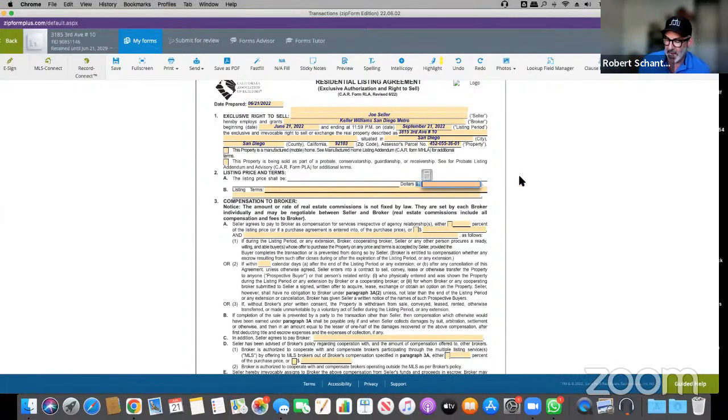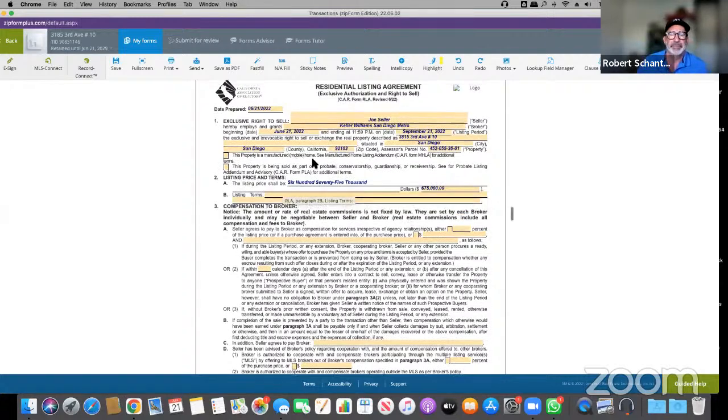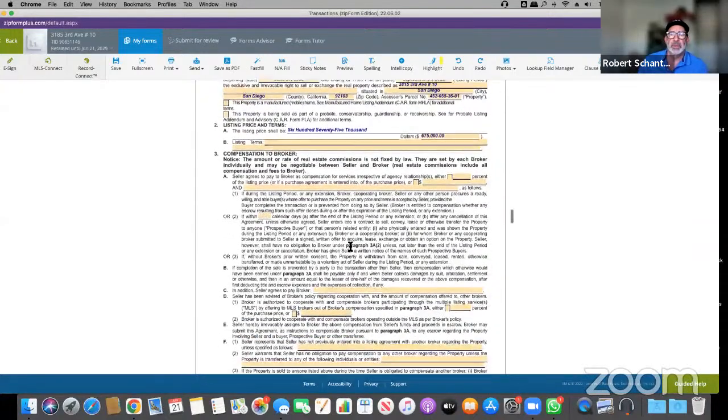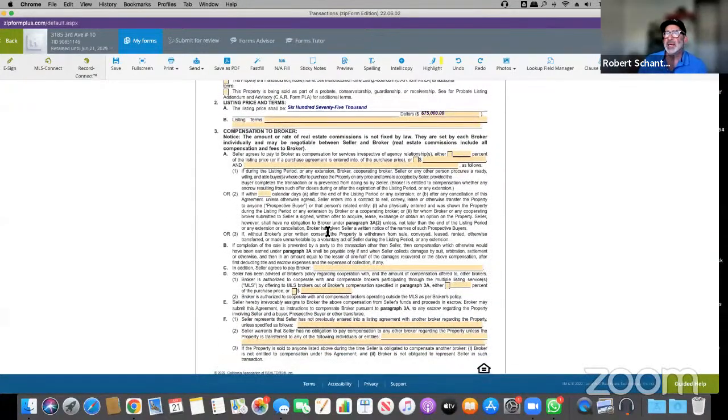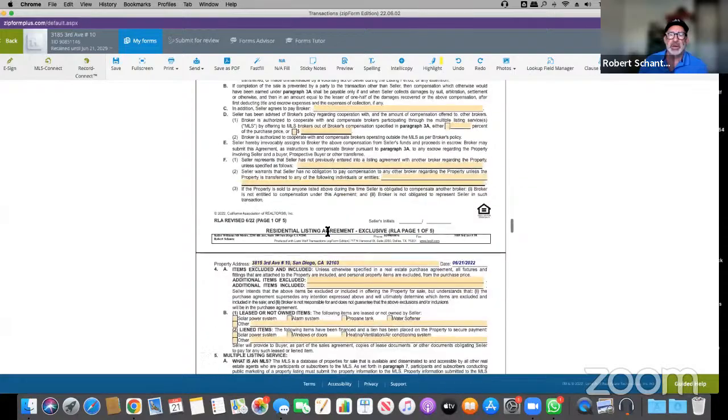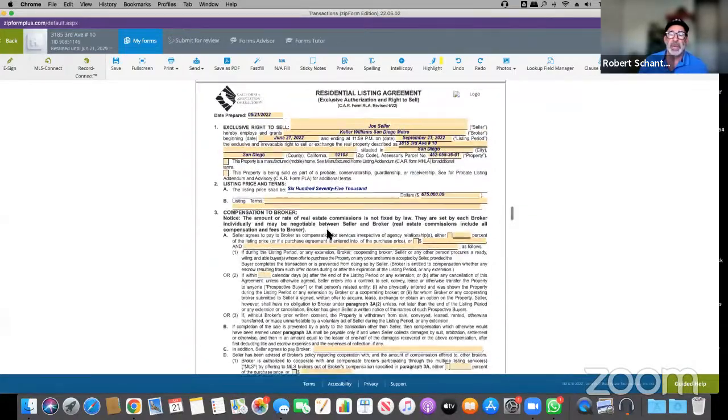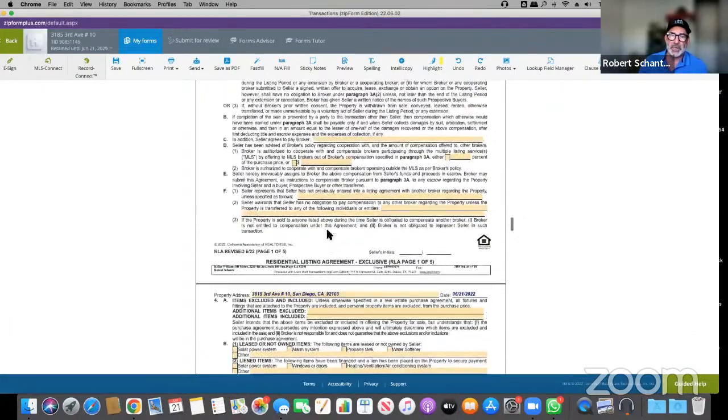Next thing, 2A, we're going to enter the price, $675,000. And then item B is listing terms. Listing terms can be anything. Listing terms could be, I don't know, they want to make sure that the grandma's chandelier in the dining room doesn't get sold, even though that would go into items excluded on the following page.